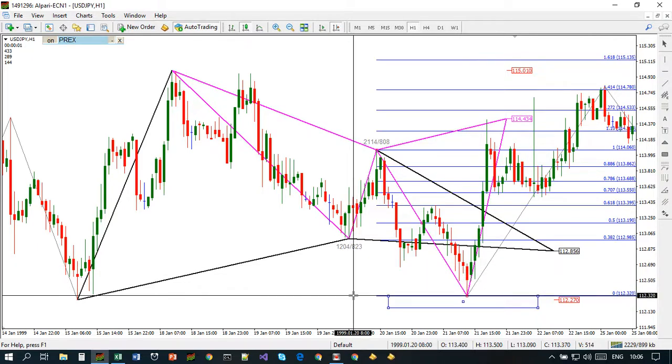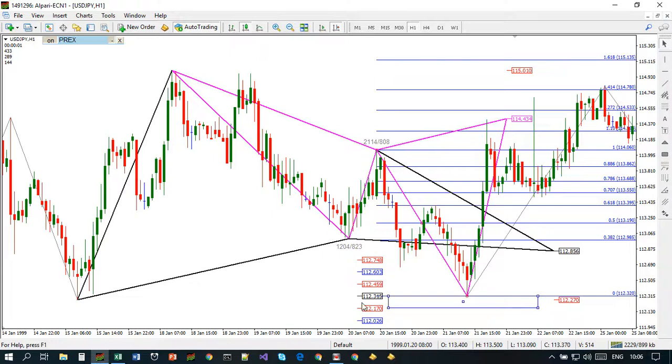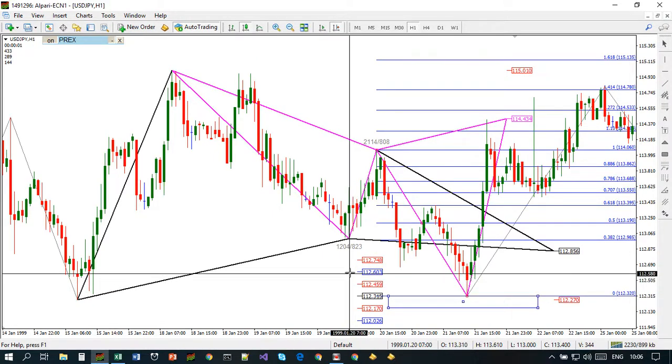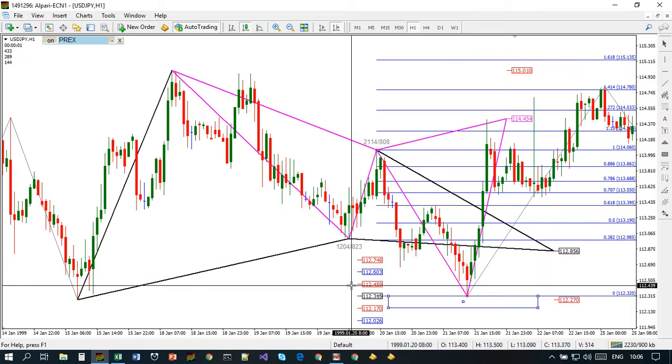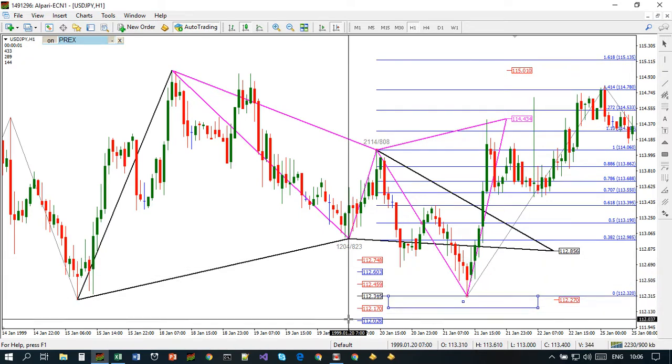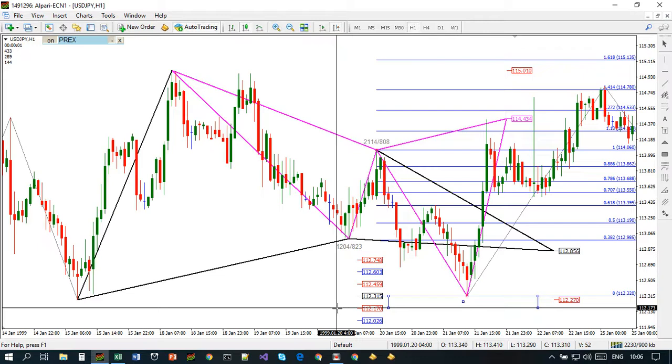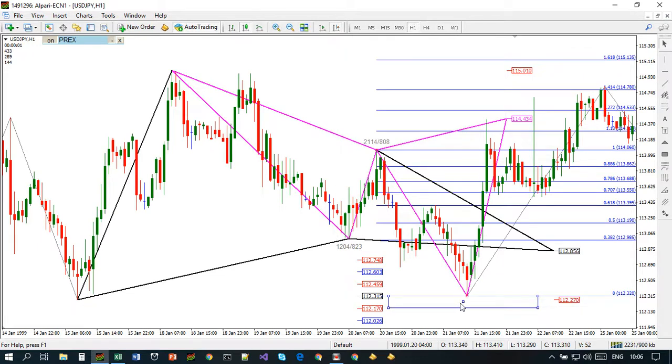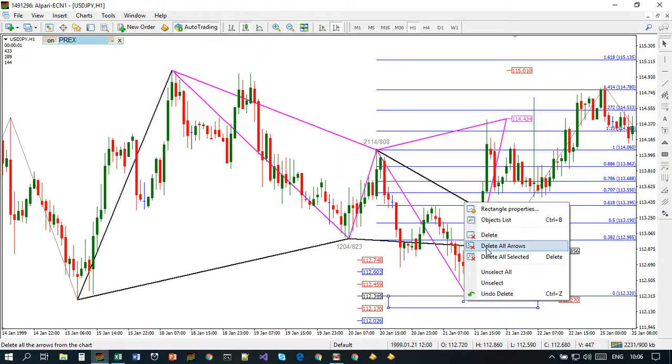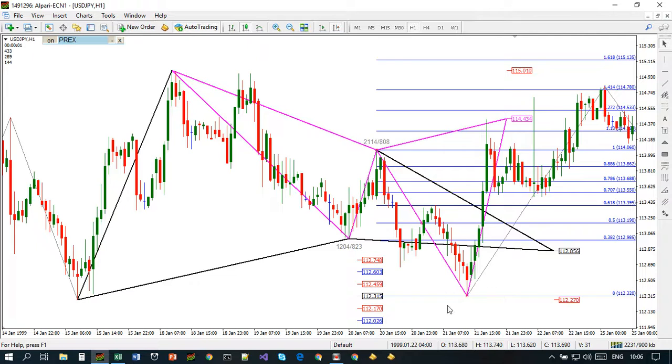You simply need to place your cursor here, then just hit Z on your keyboard and then left click, and you will see the ATR net. 1 ATR above this level, yes, 1, 2, 3 ATR, and 1, 2, 3 ATR below this level. So you see this, drawing these rectangles is not needed because you have this stuff.